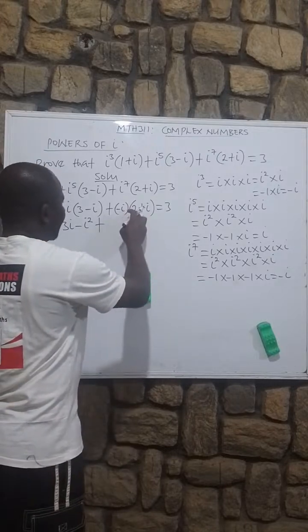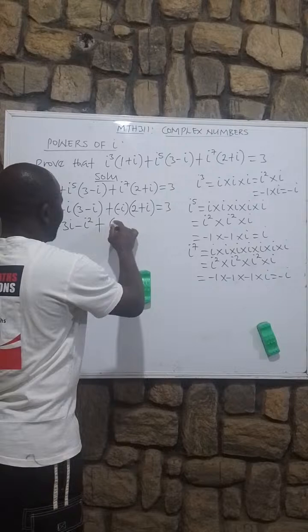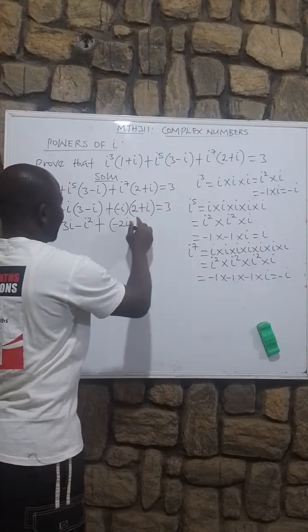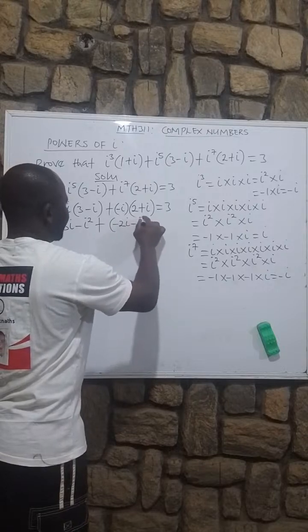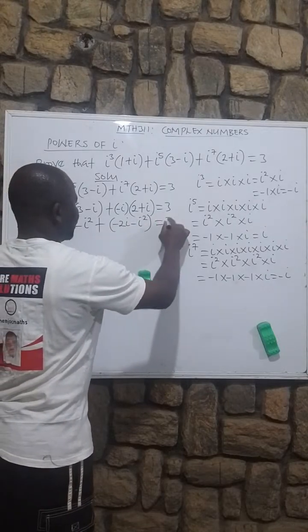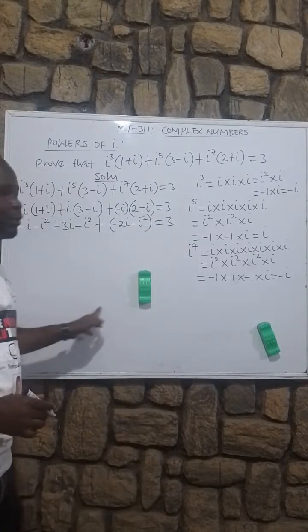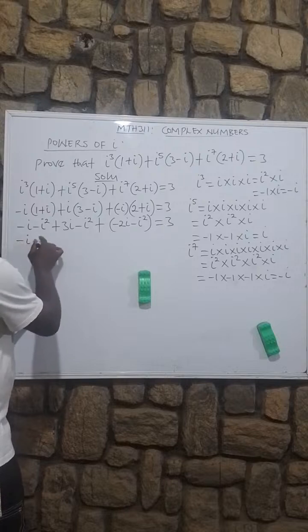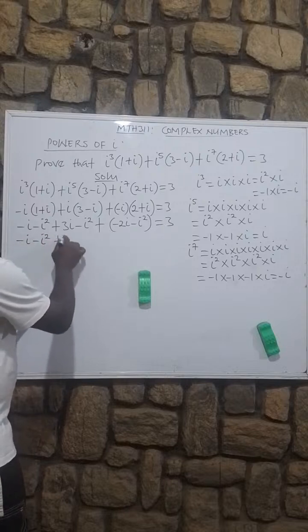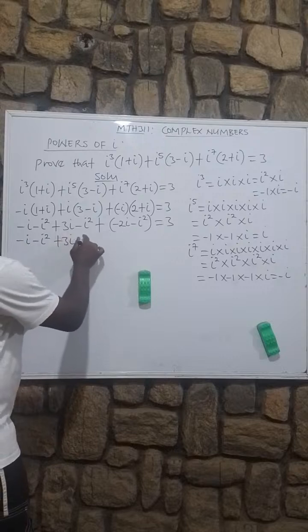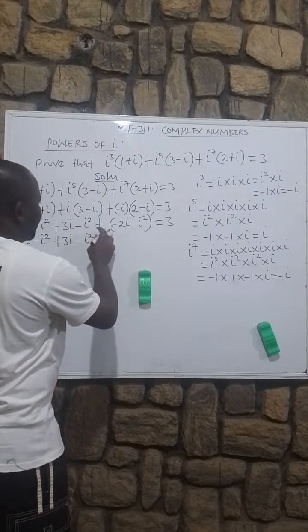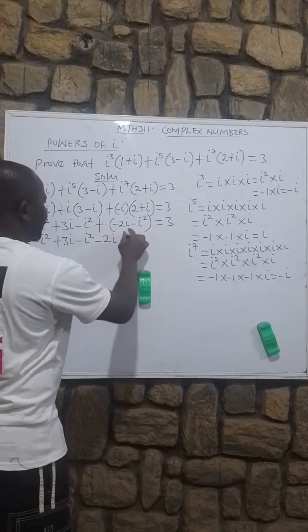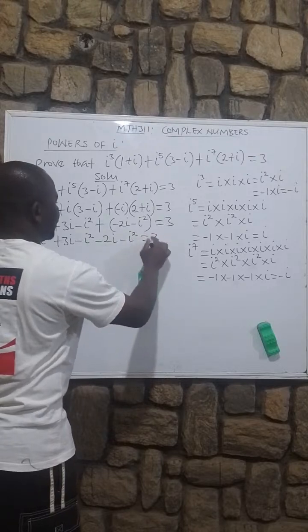Then -i times 2 is -2i, and -i times plus i is -i squared. This is equal to 3. Do you agree with me? Okay, so far so good. -i squared plus 3i minus i squared. Then multiply out this, -2i minus i squared equals 3.